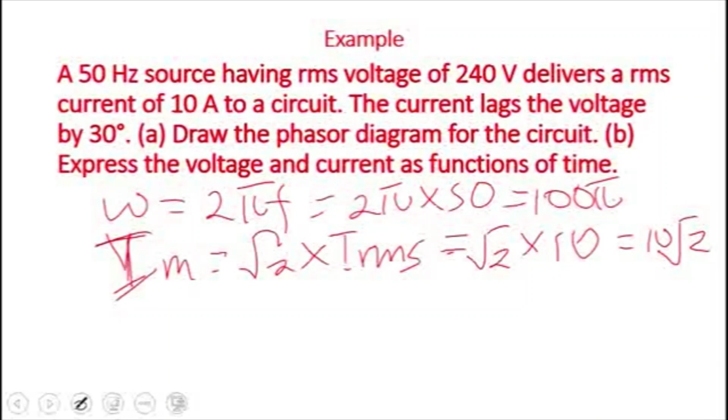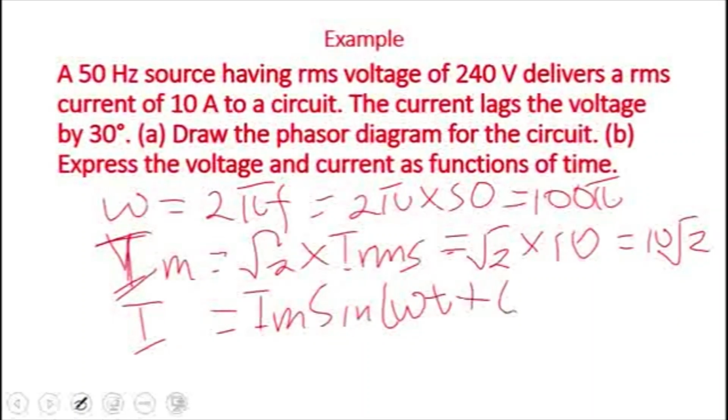To represent this, I is Im sine omega t plus phi, the phase shift in this instance, and we just fix in the values we have already. Im we have found to be 10 root 2, sine omega t.